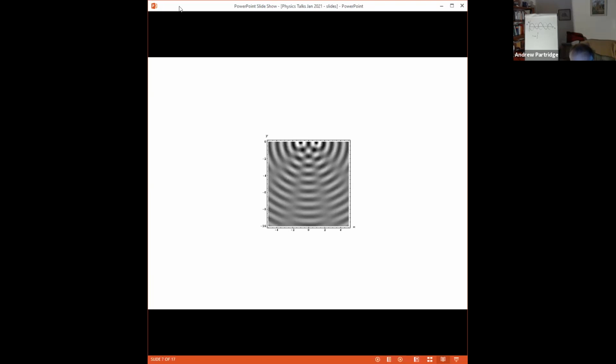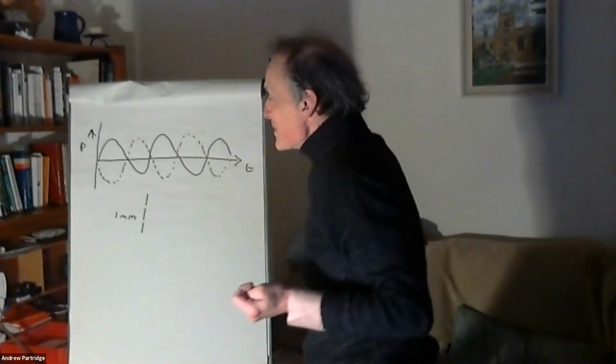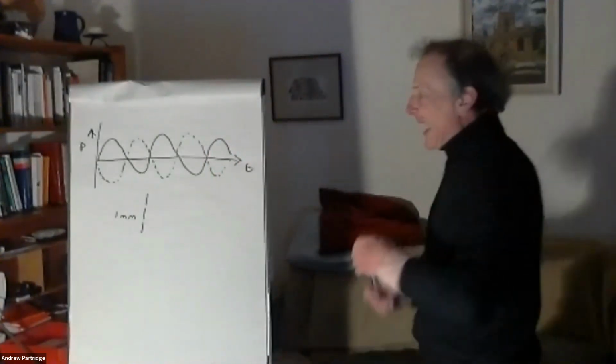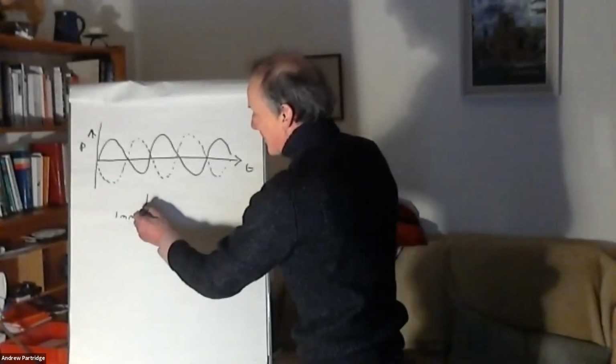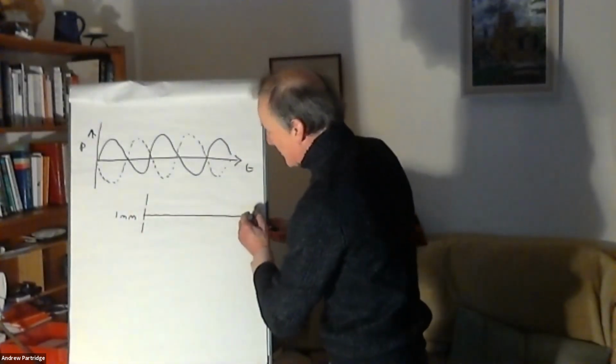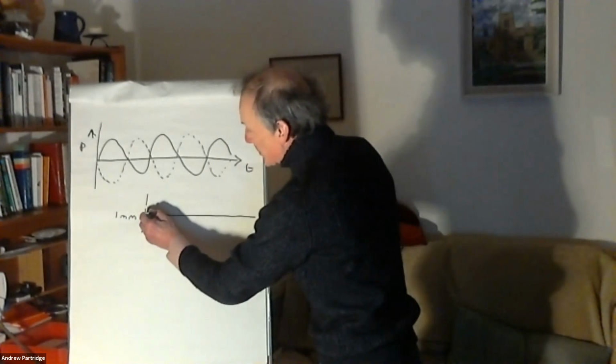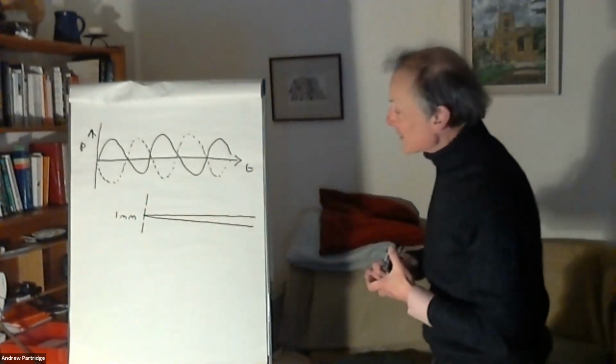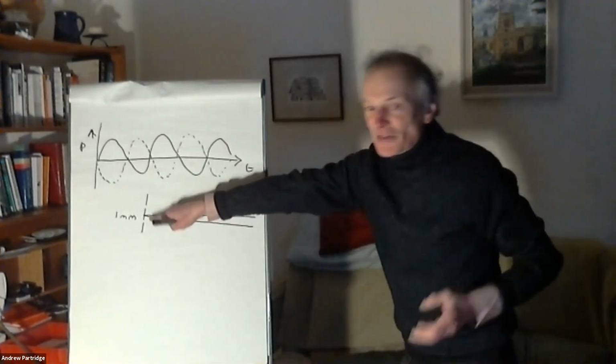But because it turned out that light has an extremely small wavelength, the angle between the region of adding up and the region of counteracting each other is very, very, very small.